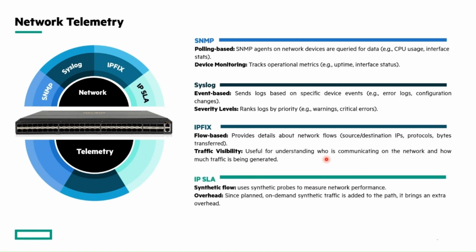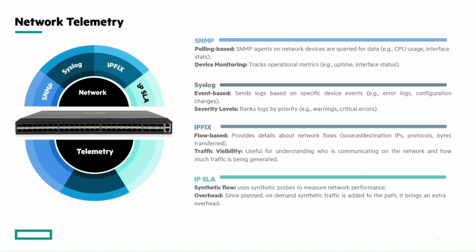Next one, we have IP SLA. It is where a user generates synthetic probe packets to measure the network performance. Since planned on-demand synthetic traffic is added in the case of IP SLA, it should be noted that it brings extra overhead traffic on the network.